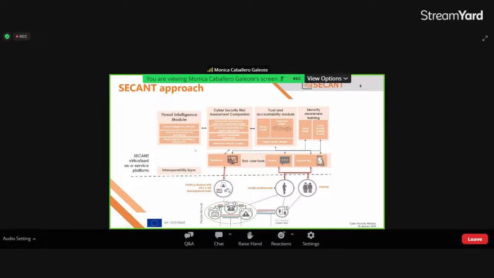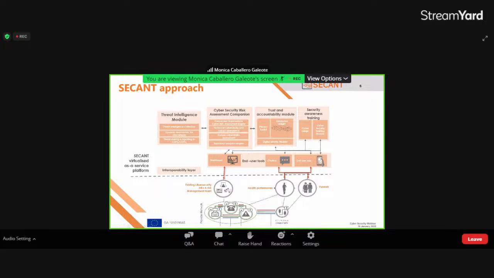Then we have our platform with our models. We will also have different kinds of models to act as an interface for the users to the different platform services, and an interoperability layer to connect both worlds.